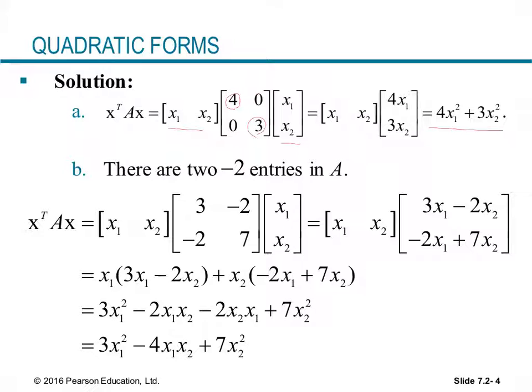In case of B, we have negative 2 entries in the matrix. So when we consider x transpose A times x, we have this final result, and at this point we have this cross product term, and this term is obtained since we have these two non-zero entries in the off-diagonal areas.